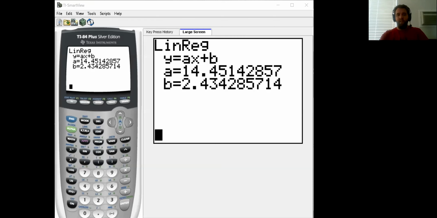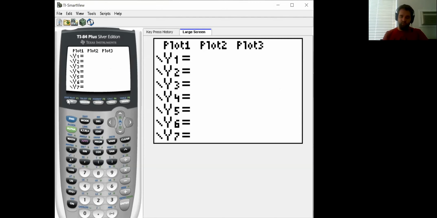Now, if I'm using my calculator to run this regression anyways, if I'm going to find more data, I will likely also do that from my calculator. So I'll go to y equals, just so I can graph this line that we just came up with. So it's 14.45x plus 2.43.